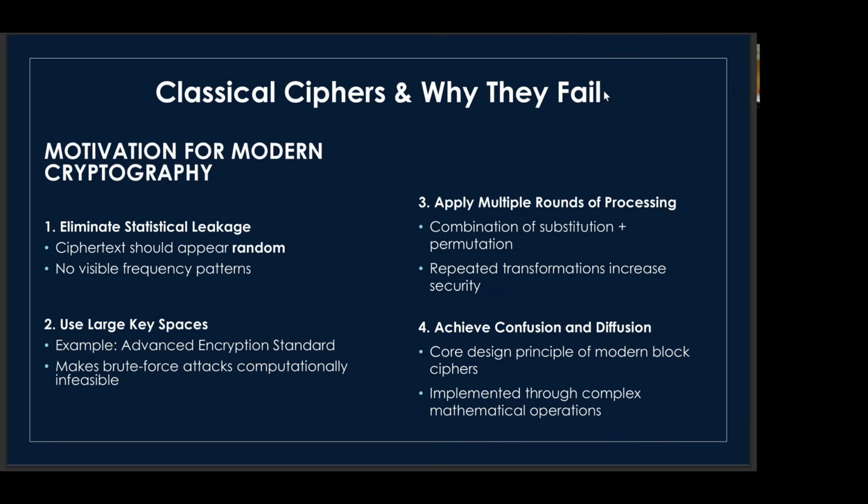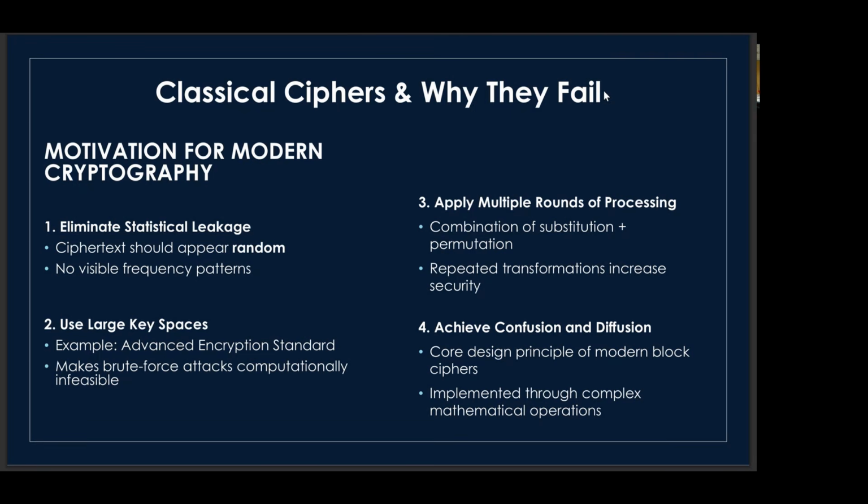But for this one, AES is still here, and they call it modern cryptography. So AES, RSA, and others exist actually to eliminate statistical patterns. So if there is statistical information, it can be protected. Ciphertext should appear random, meaning it cannot be guessed. The confusion is there, with no visible frequency pattern.